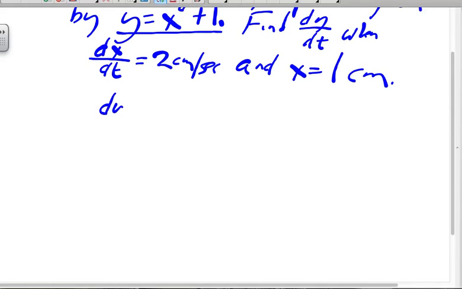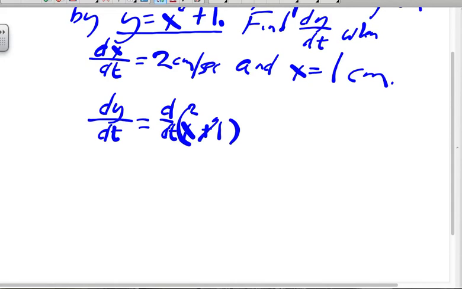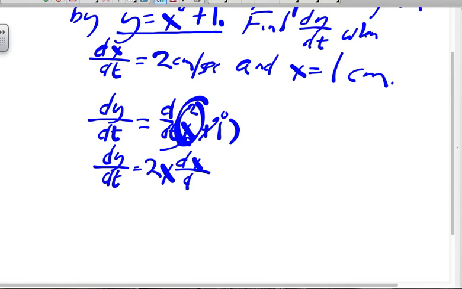So we end up with dy/dt equals d/dt of x squared plus 1. Okay, that's 0. So dy/dt is going to equal 2x, the derivative of this, times the derivative of the inside part, which is dx/dt. There's our equation.